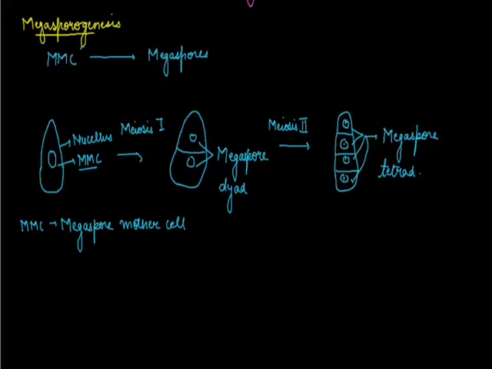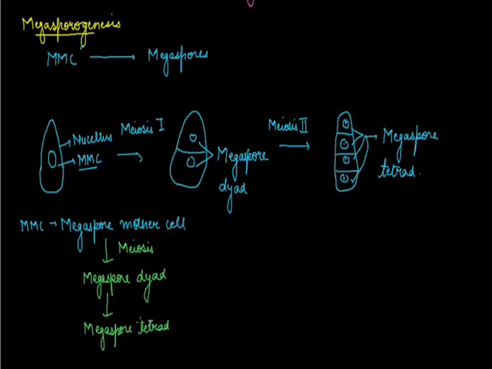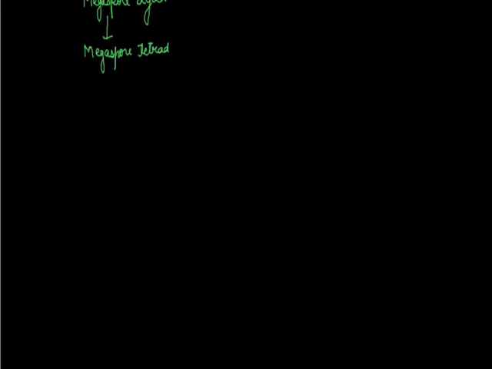It undergoes meiosis and forms a two cell stage, known as the megaspore dyad. After this, it again undergoes meiosis and forms the megaspore tetrad, meaning 4 cells.